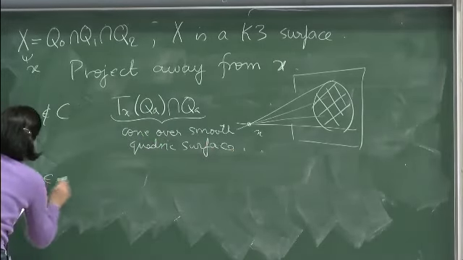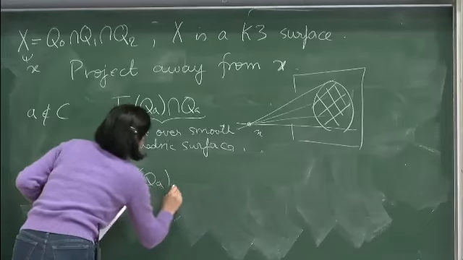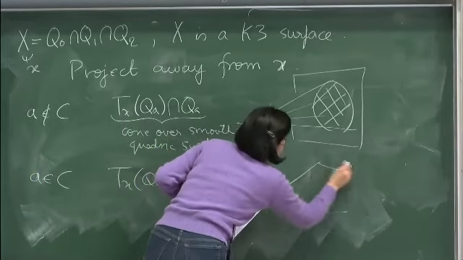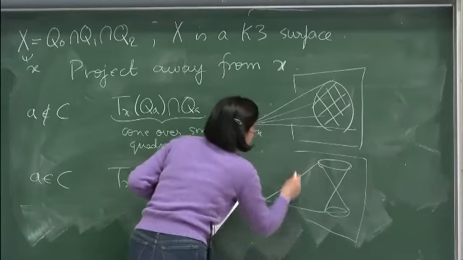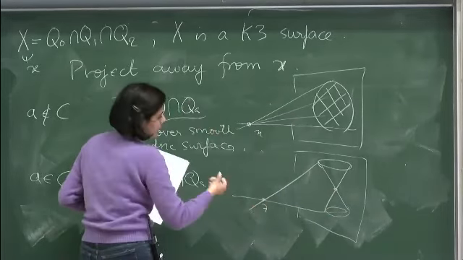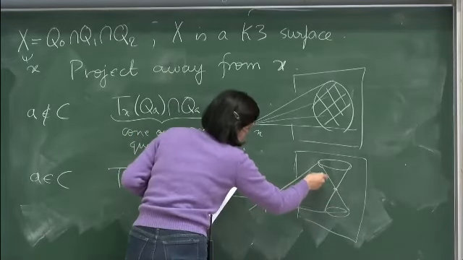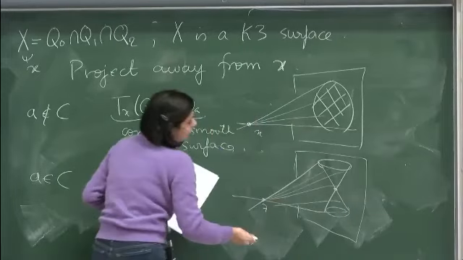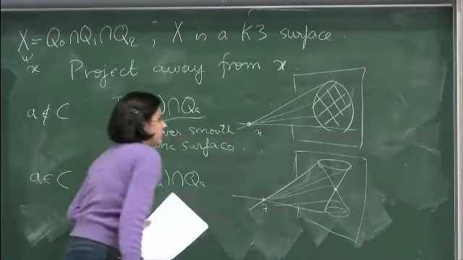When A is in C, things are still not too bad. You get a cone over a quadric cone now. So your quadric surface has degenerated, but because my assumptions were the generic case for which the degeneracy isn't too bad, the quadric surface is still not too bad here.